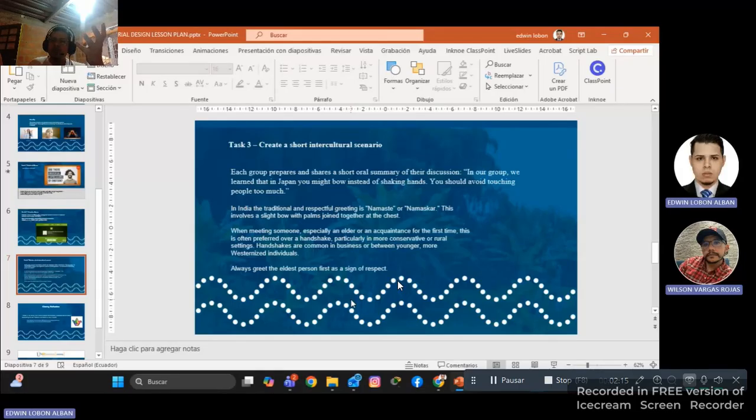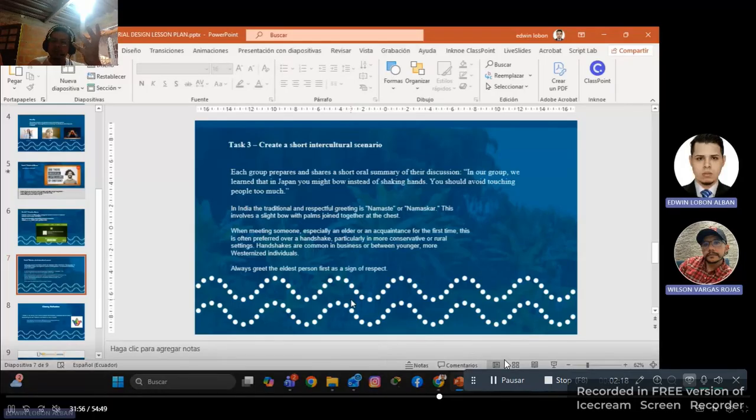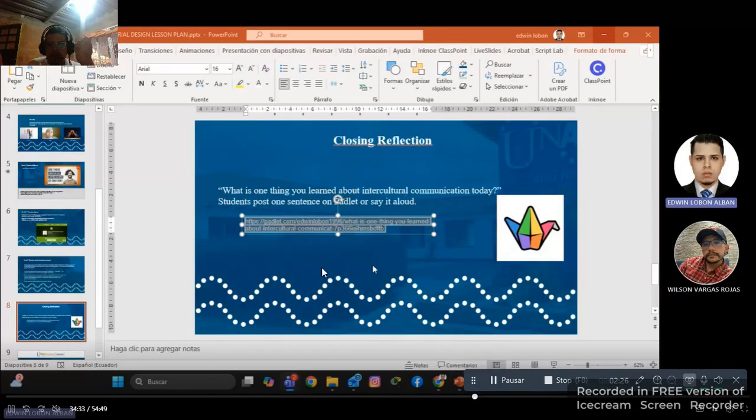Mostly we are focusing on speaking skills. We talk about it, discuss it, practice speaking right here, and then we close with the reflection on Padlet.